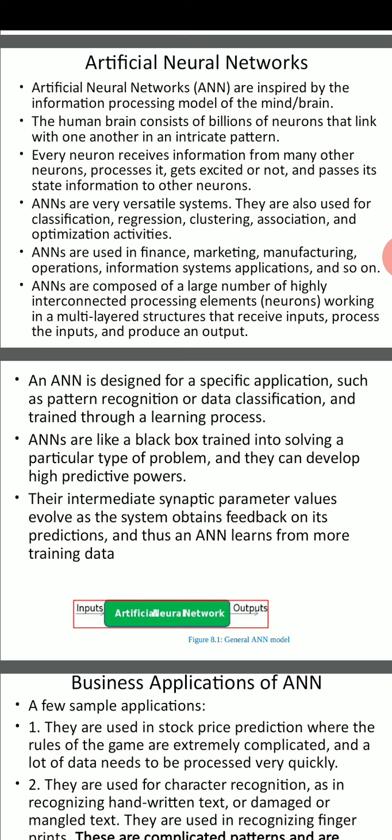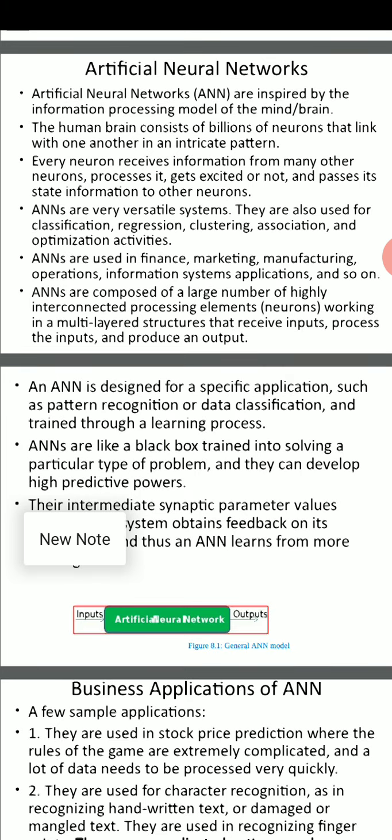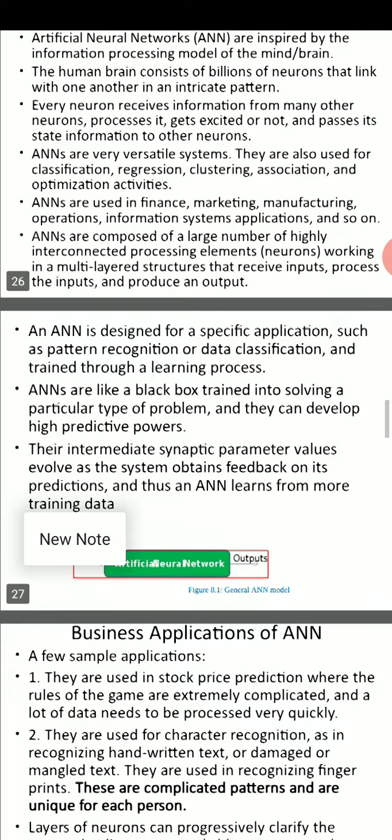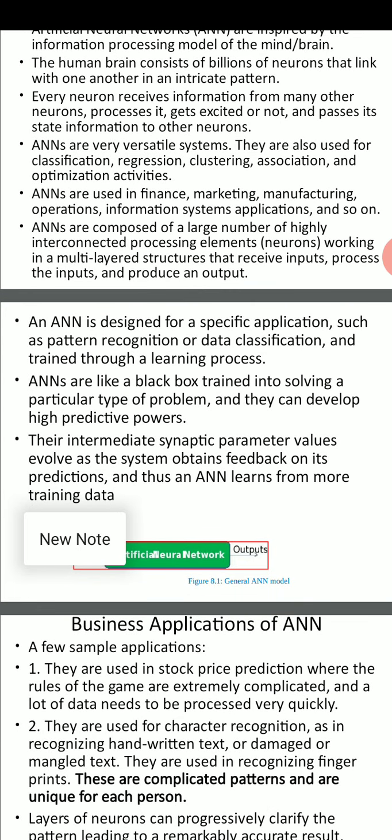The human brain consists of billions of neurons that link with one another in an intricate pattern. Every neuron receives information from many other neurons, processes it, gets excited or not, and passes its state information to other neurons.